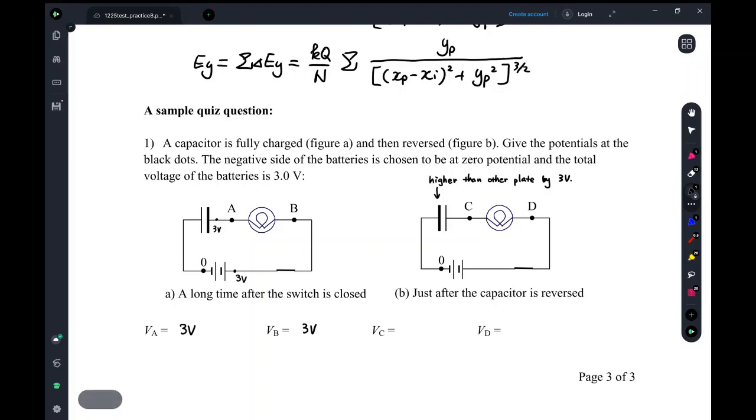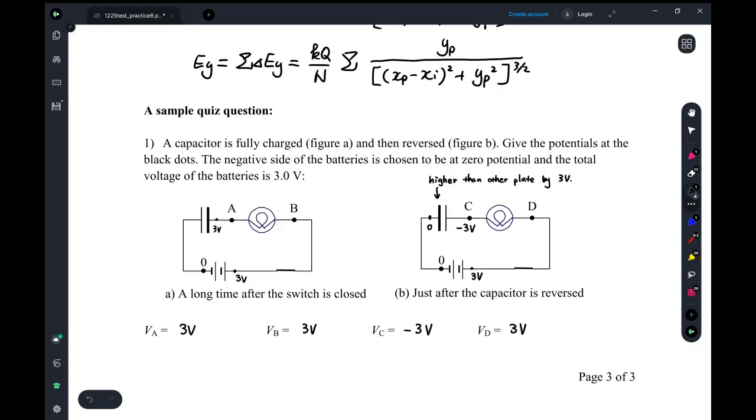So it's 0 here, 3 volts here, which means VD is 3 volts. Now we don't know what the current is, which means we don't know C. But we do know this side is 0, which is higher than the other side by 3 volts. So this side has to be 3 volts lower than 0, which means this one is minus 3 volts.